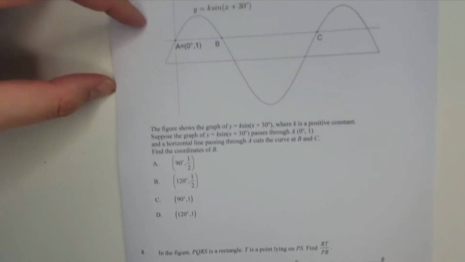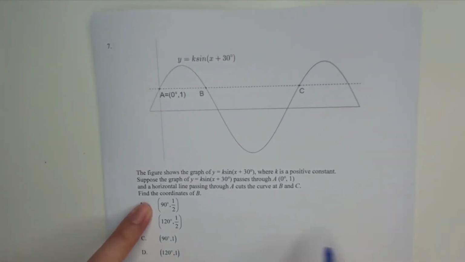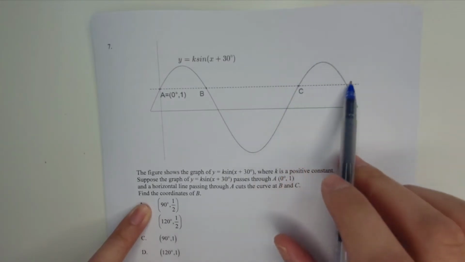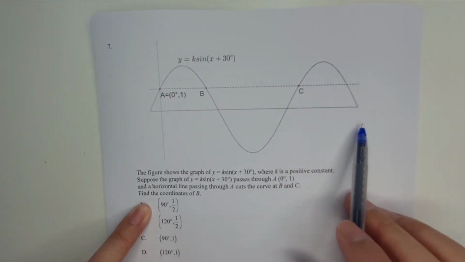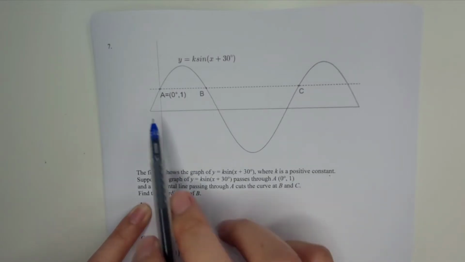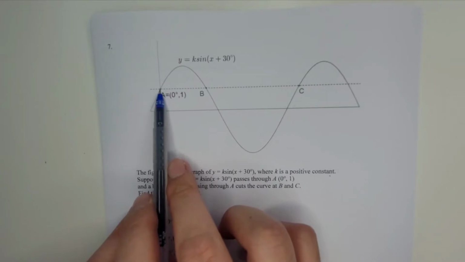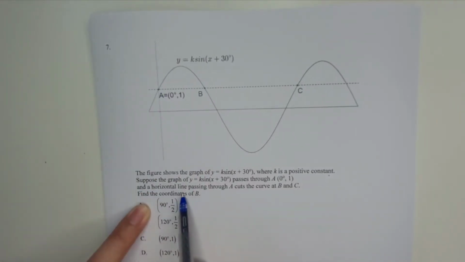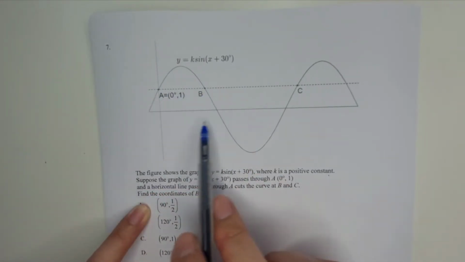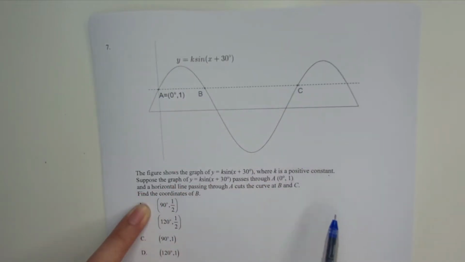And move to question number 7. The figure shows the graph of y equals k times sine bracket x plus 30 degrees. K is a positive constant. Suppose the graph passes through A, (0 degrees, 1), and the horizontal line, the dotted line you can see, passing through A will cut the graph at B and C also.